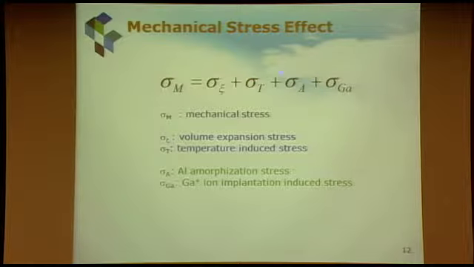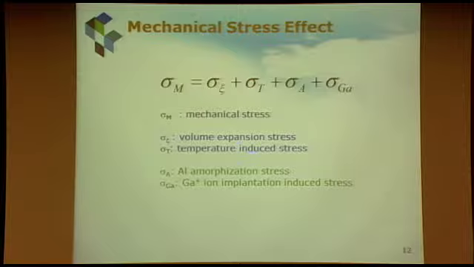And then when we do the patterning process, the gallium ion beam is quite strong. It can change the aluminum from a crystalline phase to an amorphous phase. And the last one is gallium ion implantation. So all these generate stress, but these actually already pre-exist before you even start the anodization process.